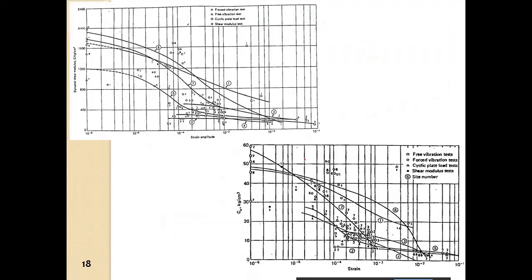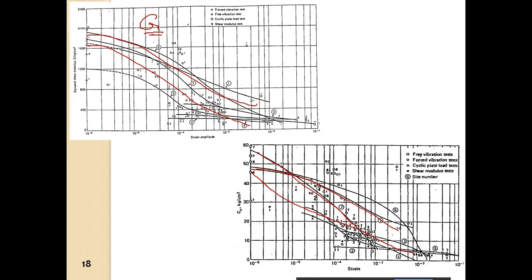So Cu value, this is for the shear modulus G, we have this decrement in the shear modulus, and this is for the Cu, decrease in the Cu. In our case we got somewhat in this manner.